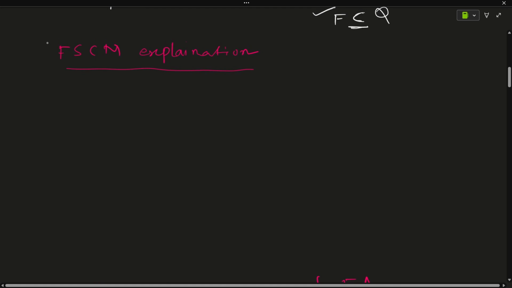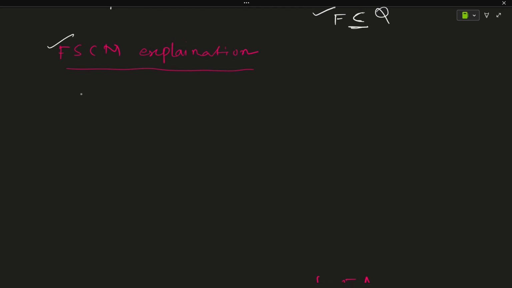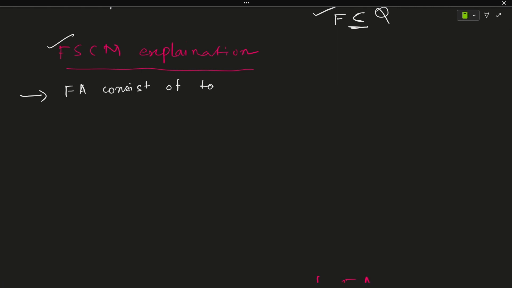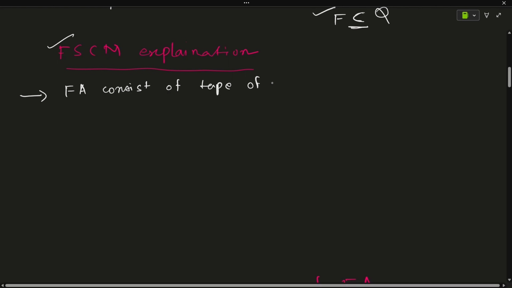Let's talk about the FA explanation. A finite automaton FA consists of a tape of infinite length divided into cells.